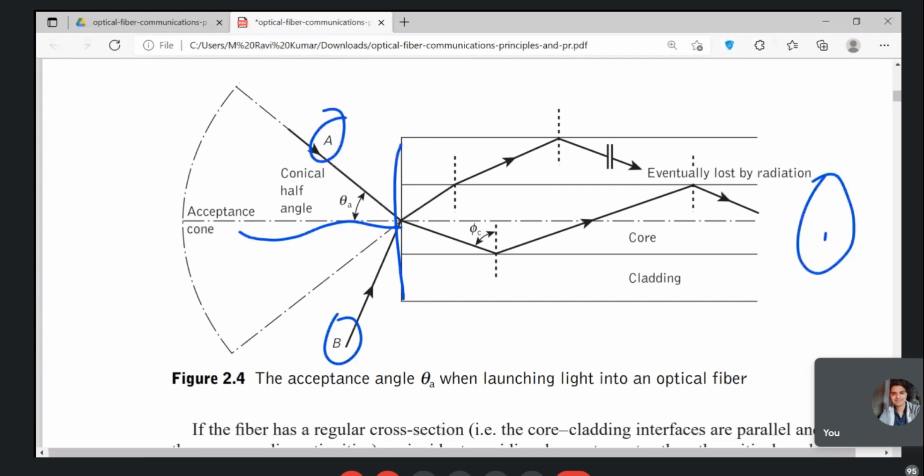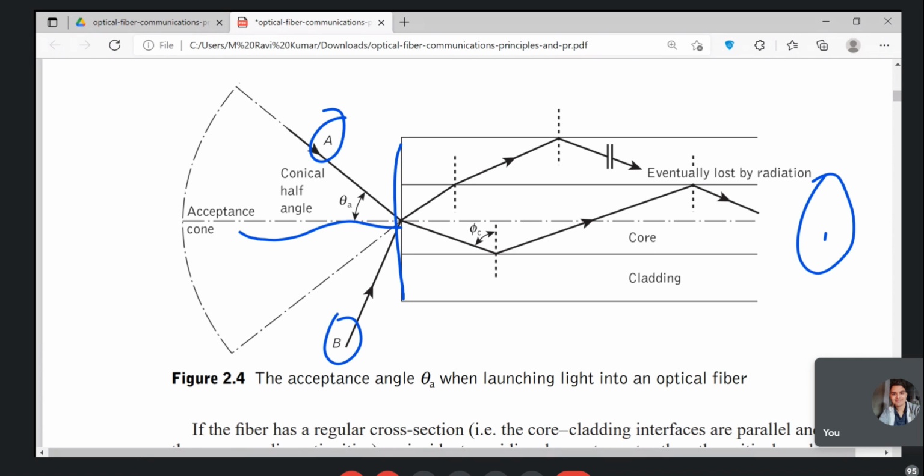Normal to the surface of the fiber. Then if the angle is greater than theta A, it will be lost. So within an angle theta A, you can expect transmission of the light ray in the fiber. I hope this is clear.